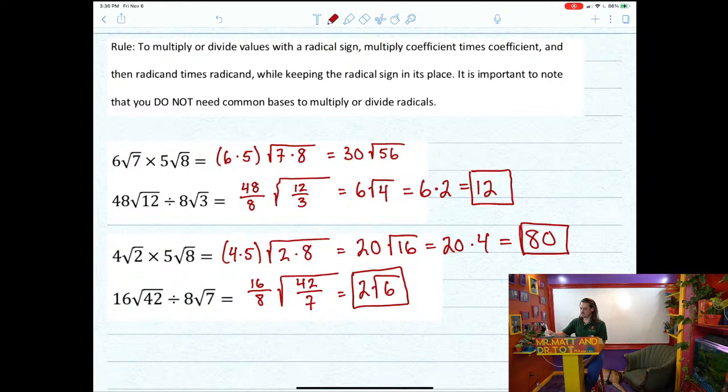Notice that 56 breaks into 7 times 8, 8 breaks down into 4 times 2, and 4 breaks down into 2 times 2. So this is the same thing as 30 times the square root of 2 times 2 times 2 times 7.